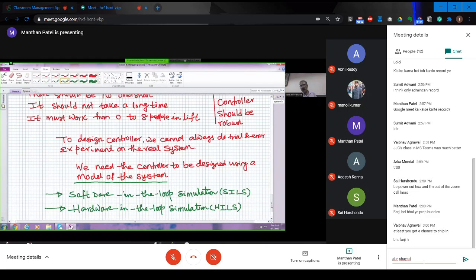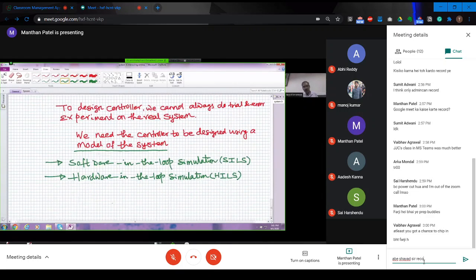Both these are used for controller prototype.